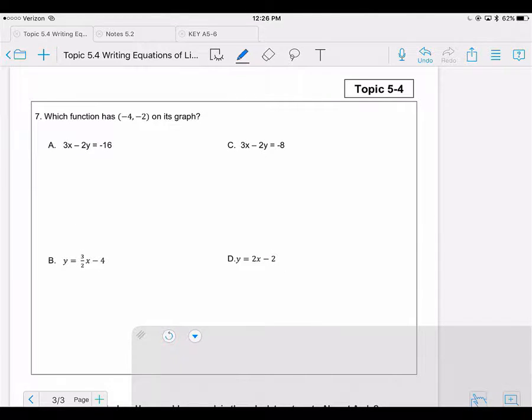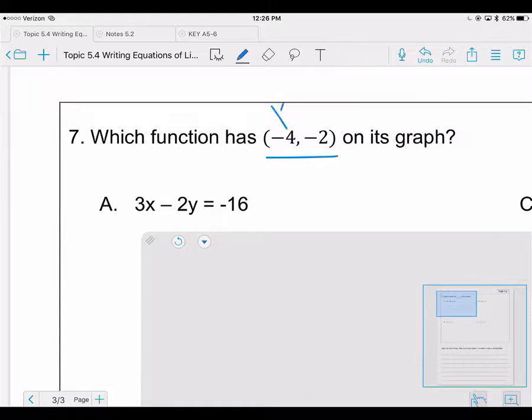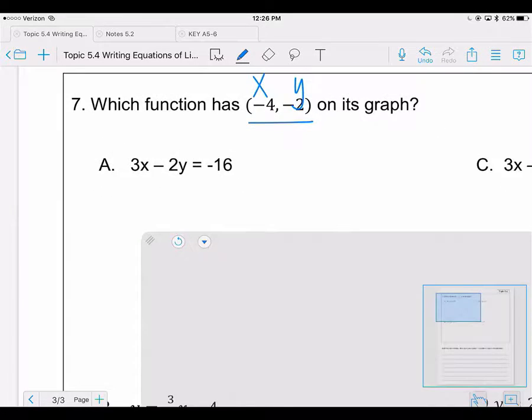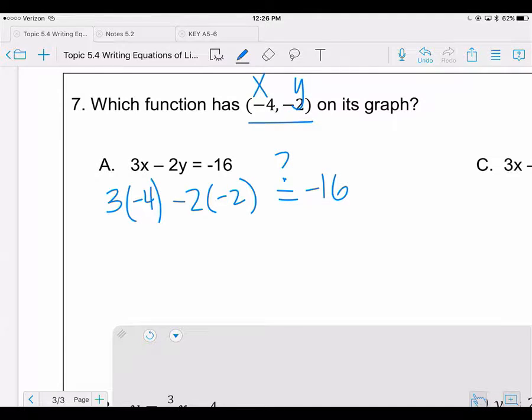This question asks us which function has negative 4, negative 2 on its graph. So one thing I could do, because I have a point and I need to figure out where it belongs, I can plug in negative 4 for x, negative 2 for y, and see which one satisfies this. So when I'm plugging in, I want to see if I plug in negative 4 for x and negative 2 for y, does that equal negative 16? So negative 12 plus 4, because negative times negative is positive.